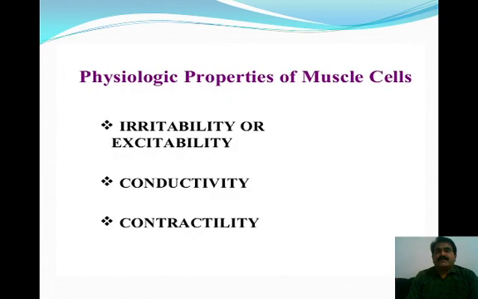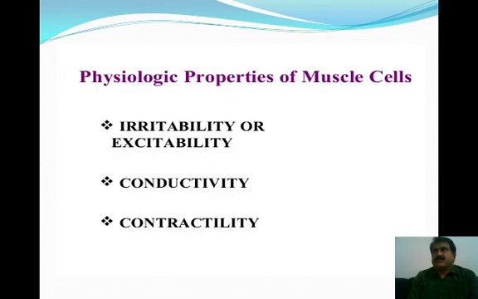Physiological properties of the muscles reveal that they have the ability to undergo irritability or excitability. Then they have the ability to conduct impulses from one place to another place.